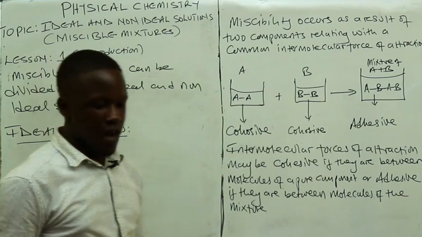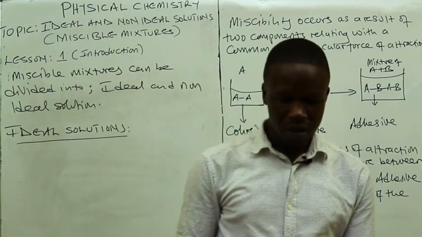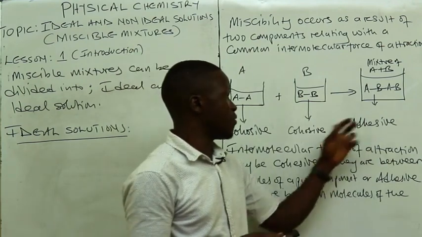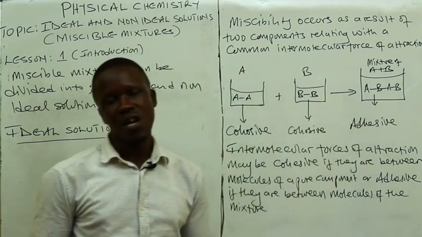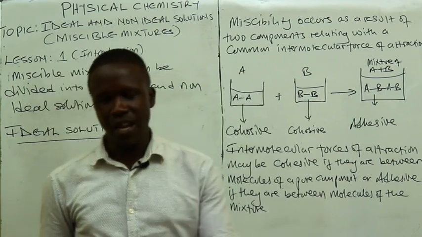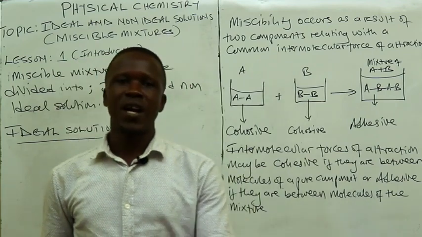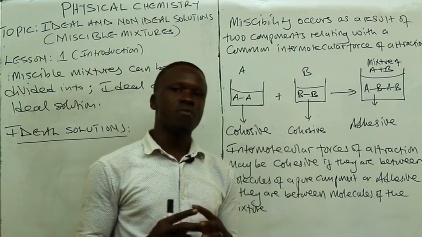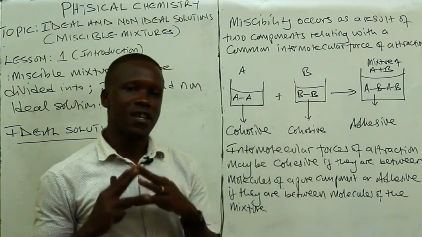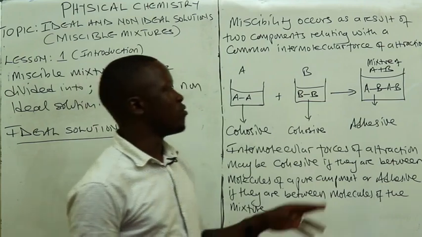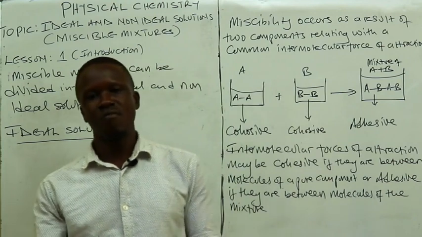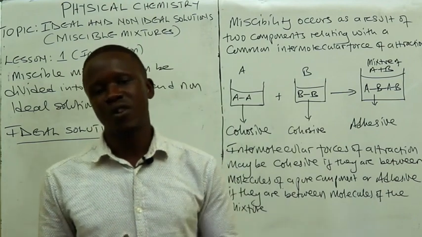Now, an ideal solution, we have talked about adhesive and cohesive forces of attraction. A solution is described to be ideal if the magnitude of the cohesive forces of attraction between the pure components is equal to the magnitude of the adhesive forces of attraction between molecules of the mixture.